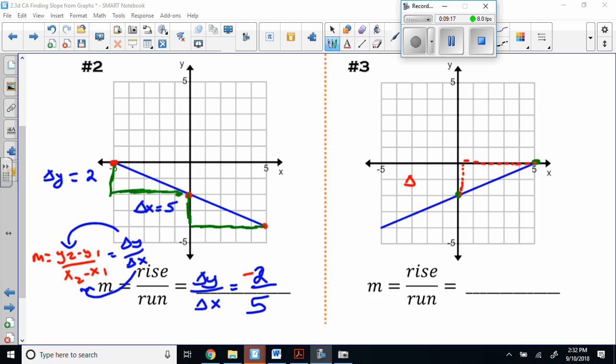You understand? Does it matter? Not really, you'll get the same answers. But I tend to, if it's a positive slope, draw my steps on top. If it's a negative, I draw my steps on the bottom. It's going to make sense why we're doing that.